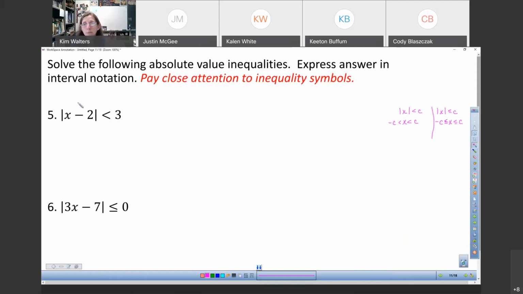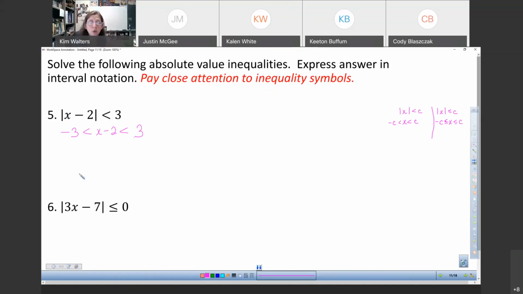So in this particular problem now, I have the absolute value of not just x, but x minus 2 is less than 3. So here's what my inequality is going to look like. I'm going to have negative 3 is less than x minus 2 is less than positive 3. That's my inequality we're going to solve. We've already done these, okay?